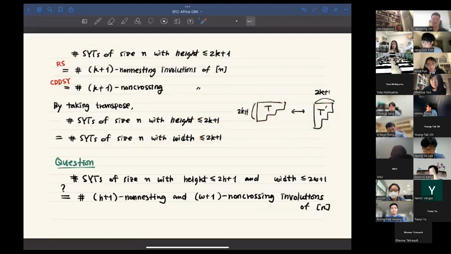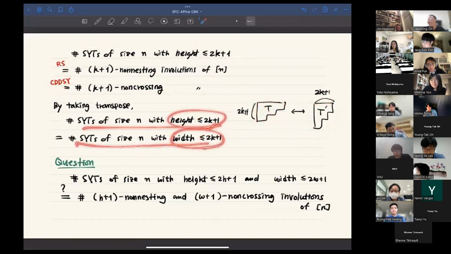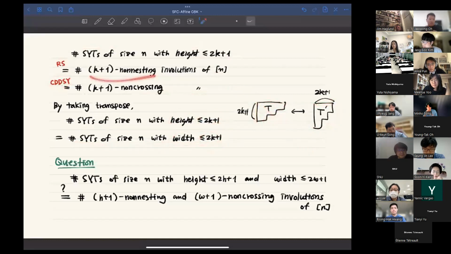So now we have these four objects all counted by the same number: standard Young tableau with bounded height, standard Young tableau with bounded width, non-nesting involutions and non-crossing involutions. They're all equal. And so the natural question is, can we combine the two statistics together so that we still have the same identity?